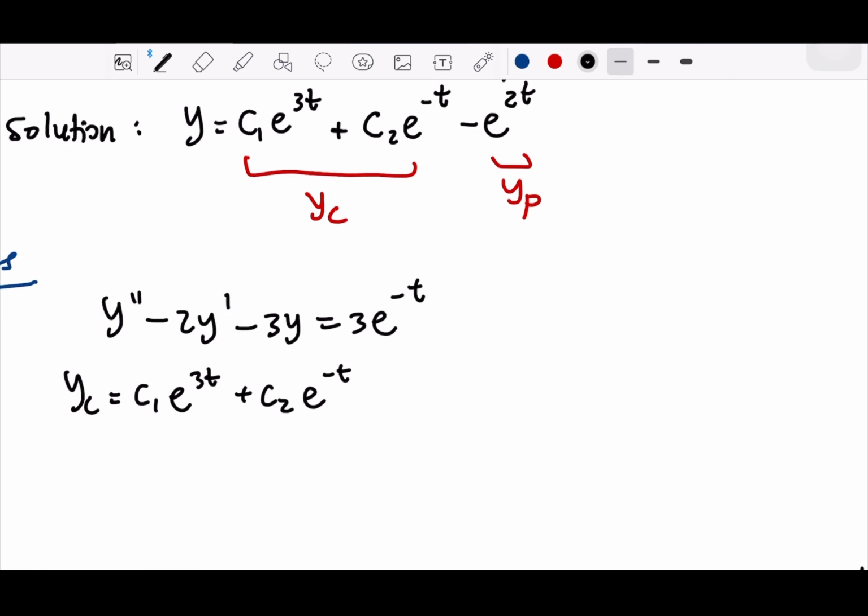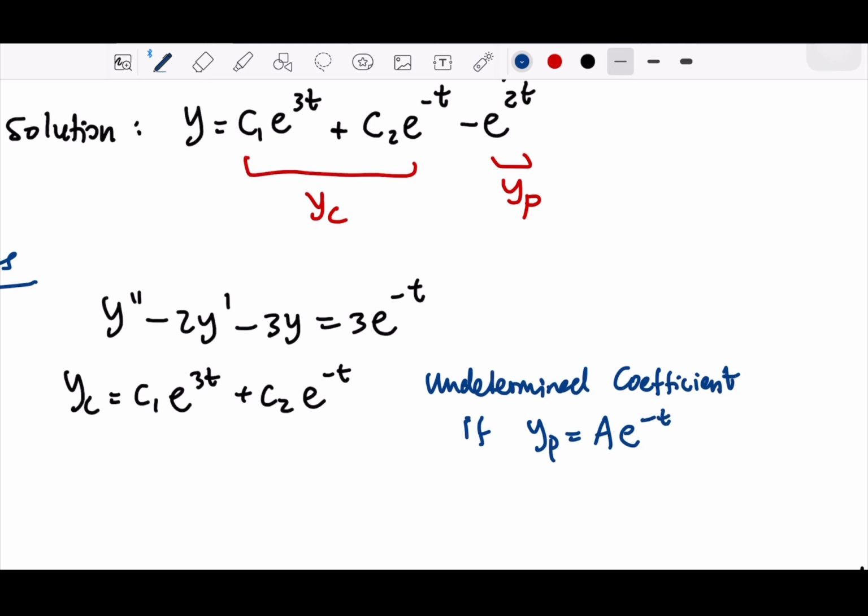So if we let the undetermined coefficient yp be a e negative t, this part is the same as this, okay? This is a problem.